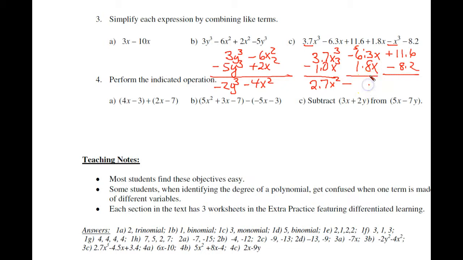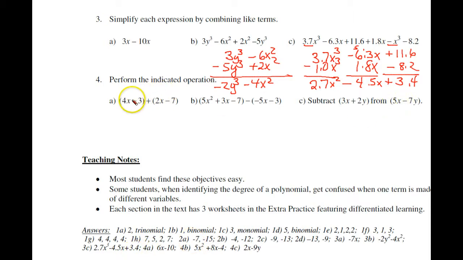That becomes a 5x. 1 from 5 is 4. You're going to use your calculator, I'm sure. And then here, this is going to be a plus. This is going to be a 4. And this is going to be a 3. And we can just check it out right down here. Perfect.